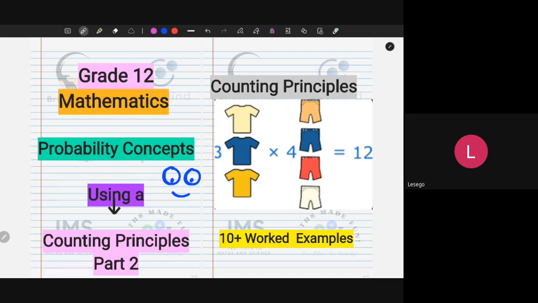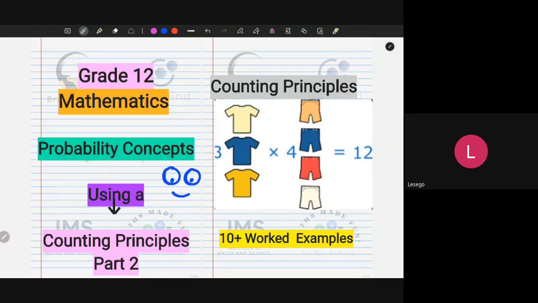Maybe as a way of taking you briefly over what we went through last time, we started off with this example, which you can see on your screen, where we have 3 t-shirts and 4 trousers. The question was, how many combinations or outfits can we make out of 3 t-shirts and 4 trousers that have different colors?